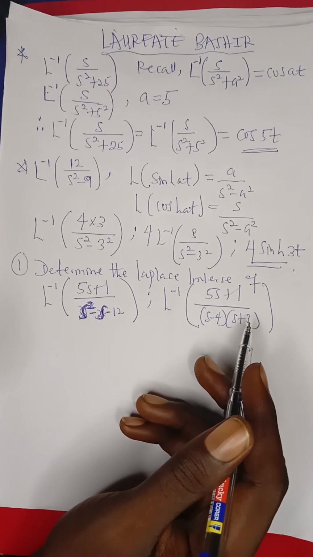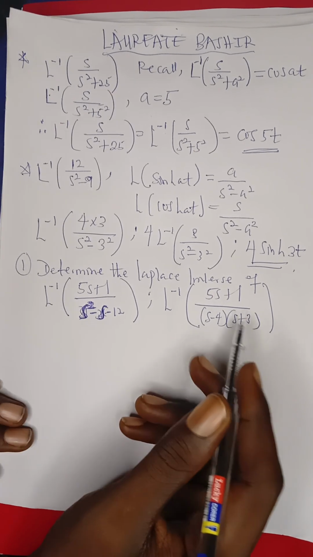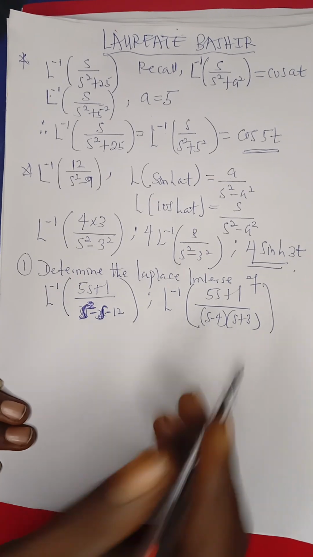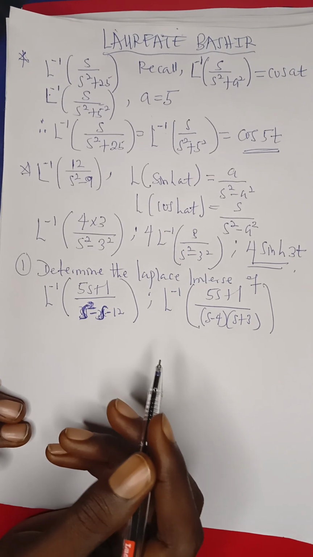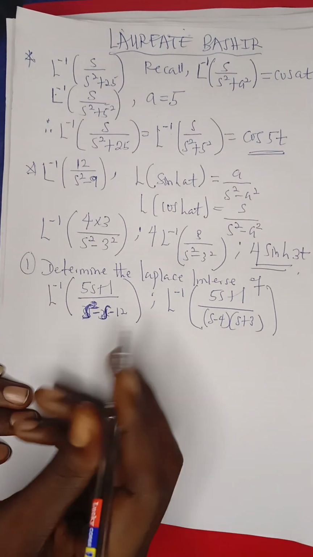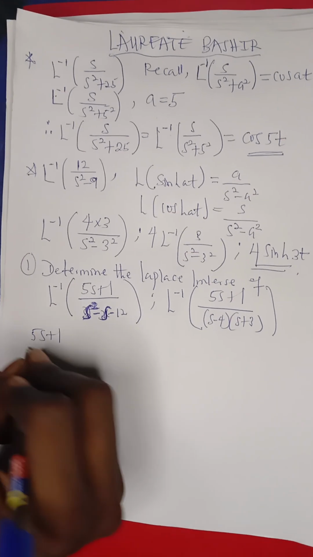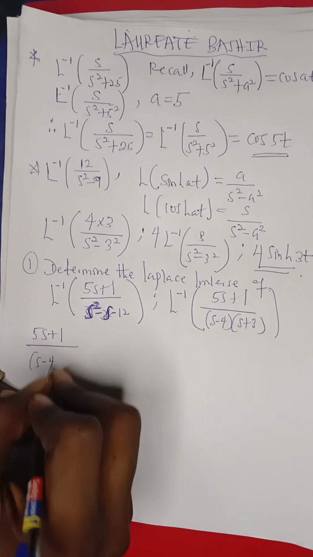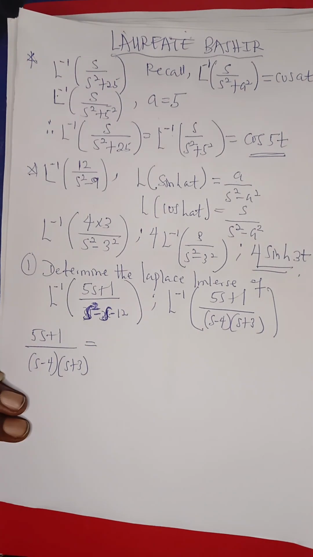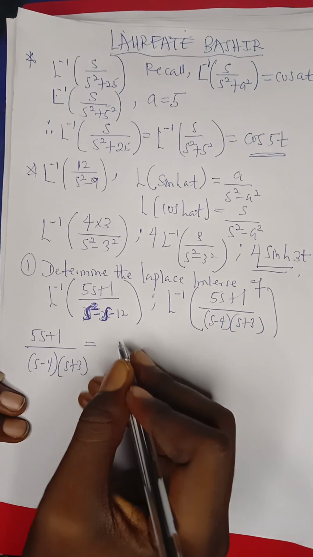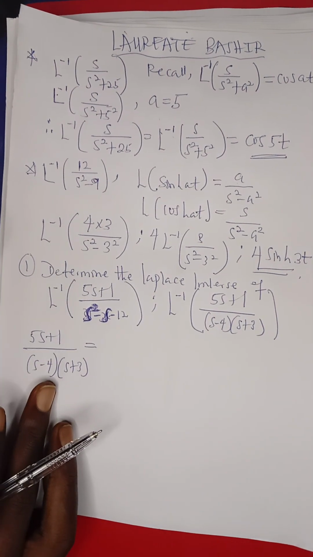So what you do is you continue. You now resolve into partial fraction. So how do you resolve? Bring that one, 5s plus 1 over s minus 4 into s plus 3, everything equals to a over s minus 4 plus b over s plus 3.